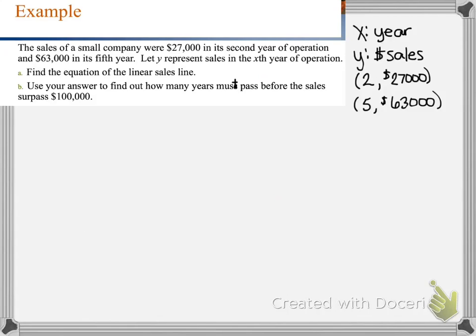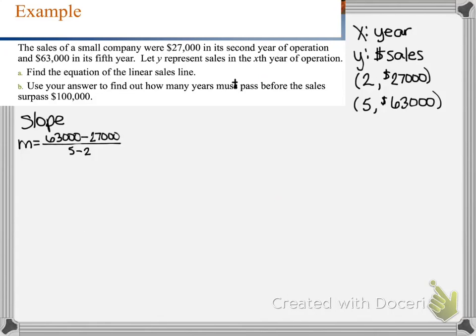Alright, now we're ready to find the slope. Slope, change in y over change in x. So I'm going to come over here and say slope. We're looking for an m. Alright, so in this case, change in y, we're looking at 63,000 minus the 27,000, divided by change in x, 5 minus 2.